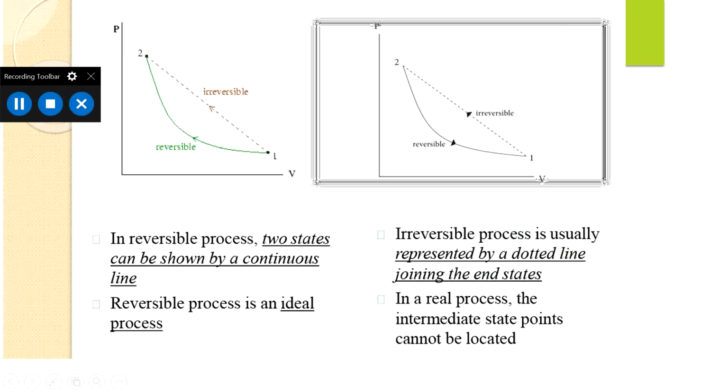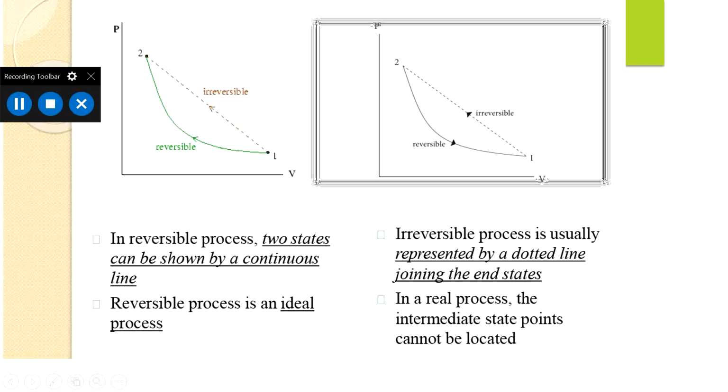In this figure we can see a pressure-volume graph, with pressure on the y-axis and volume on the x-axis. Point 1 is state 1 and point 2 is state 2.